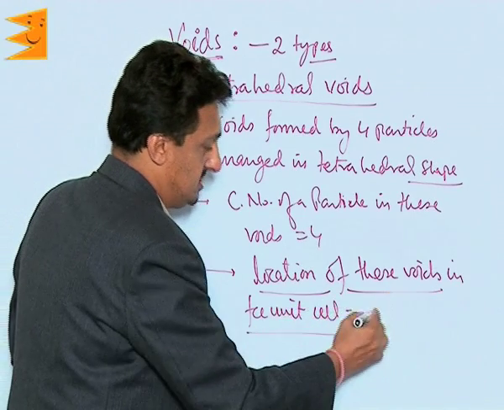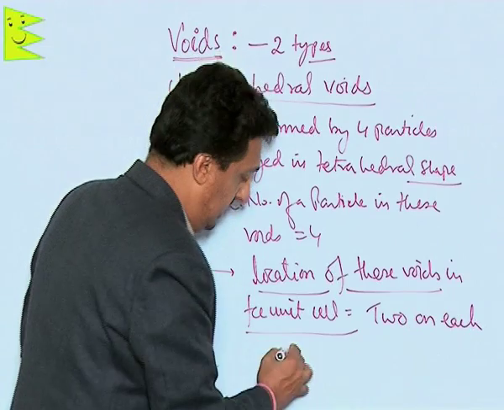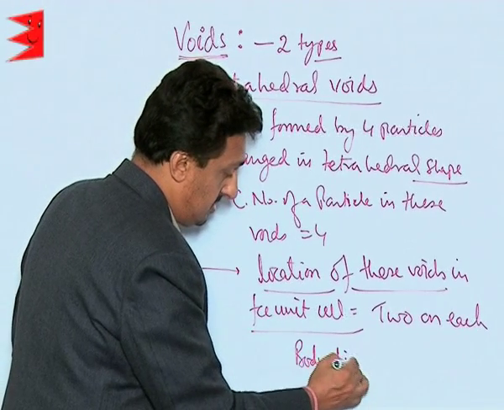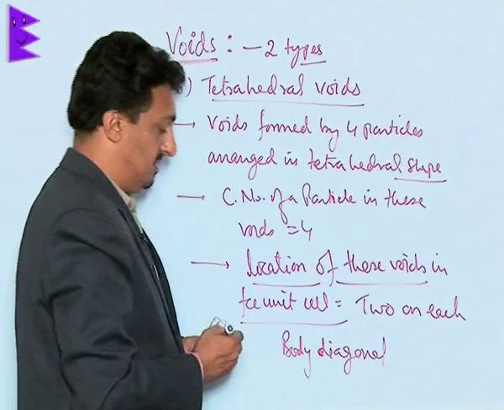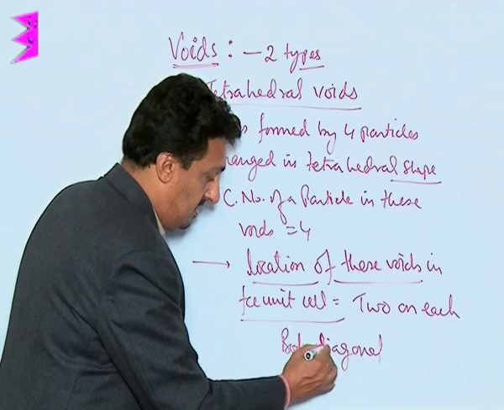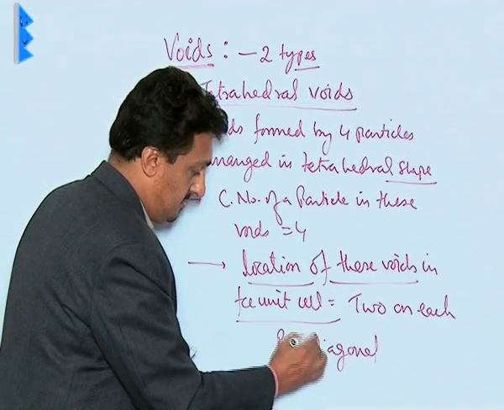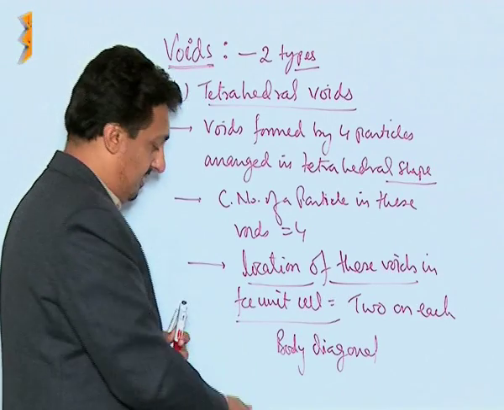The location is 2 on each body diagonal. So 2 on each body diagonal will give you the number of tetrahedral voids in the FCC unit cell.